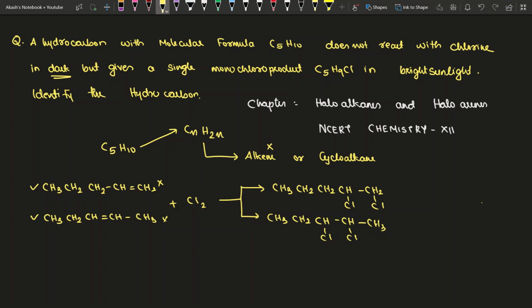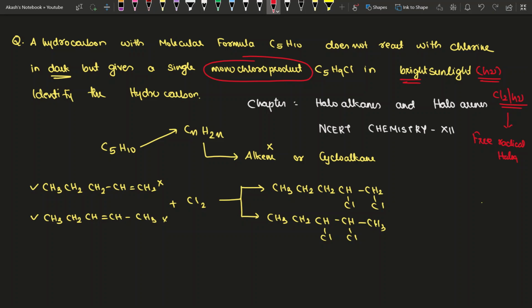Another thing they tell us is that it gives a single monochloro product. This is the catchy statement. It gives a single monochloro product in bright sunlight, which means it happens only under activated conditions. Chlorine in the presence of sunlight means a free radical halogenation reaction will happen.